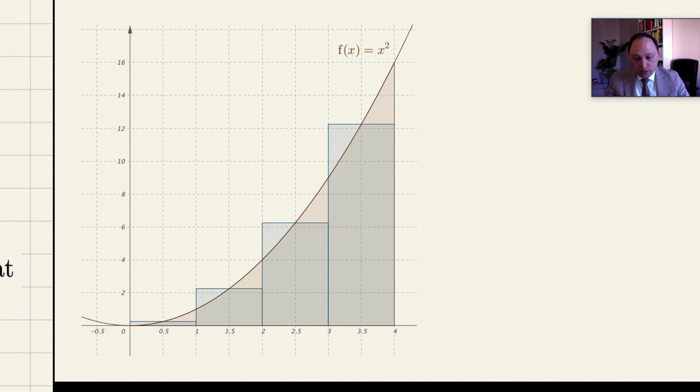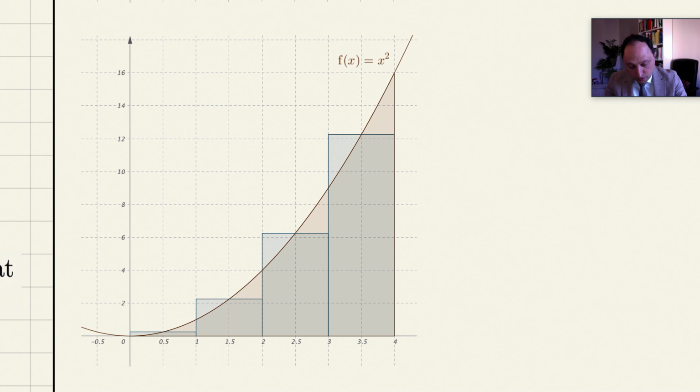Okay, now let us do this calculation here. This is what I want you to understand. So let us do some notation. The first point, again, I call it x node. How many rectangles do I have? I have divided the whole interval into four partitions, yes? So the next point is x1.